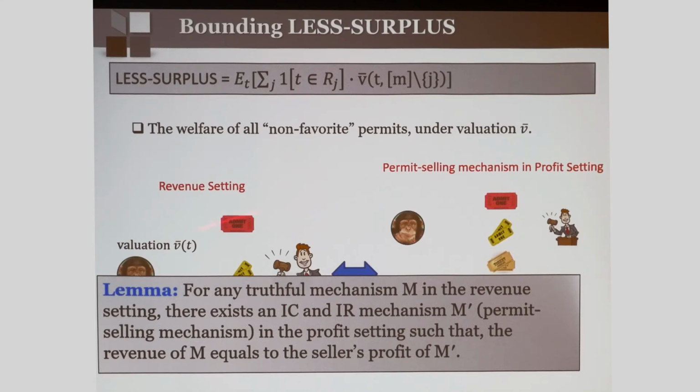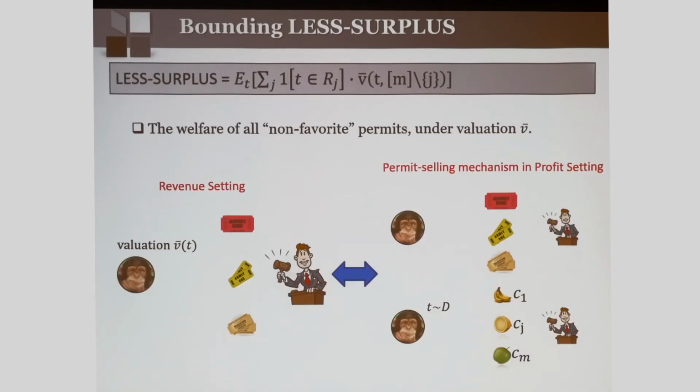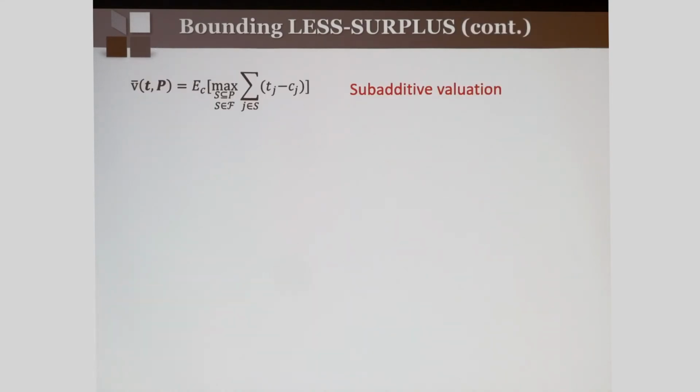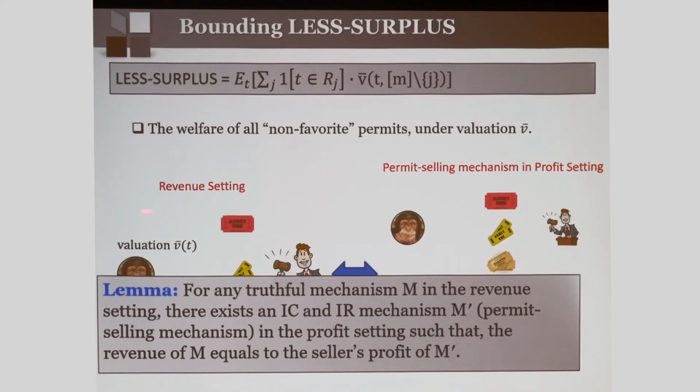Moreover, we know that the revenue of this mechanism will be equal to the profit of this mechanism, because on the second stage, the item price will exactly cover the cost. By having this reduction, the problem is reduced to how to design a mechanism whose revenue can approximate the benchmark in this revenue maximization setting.